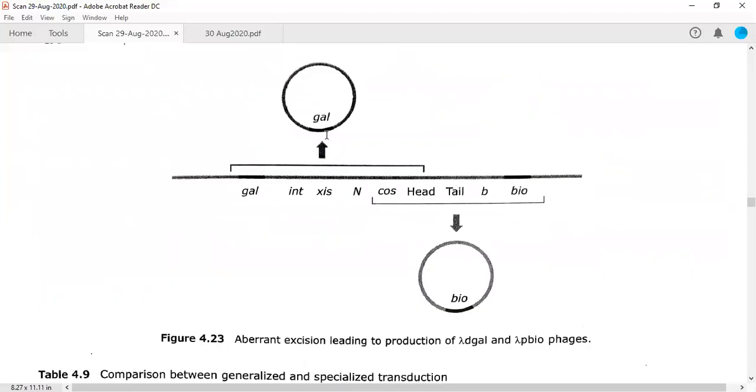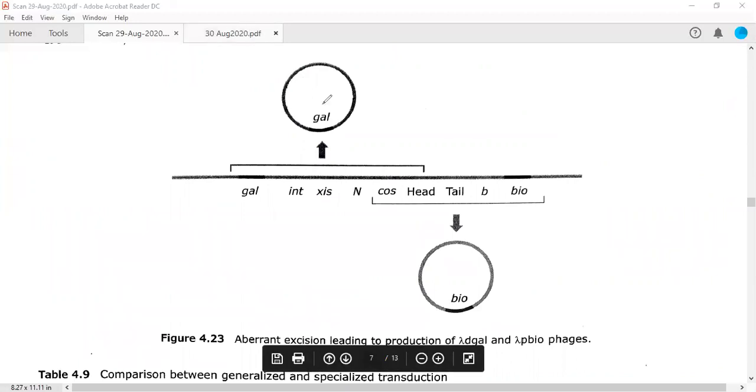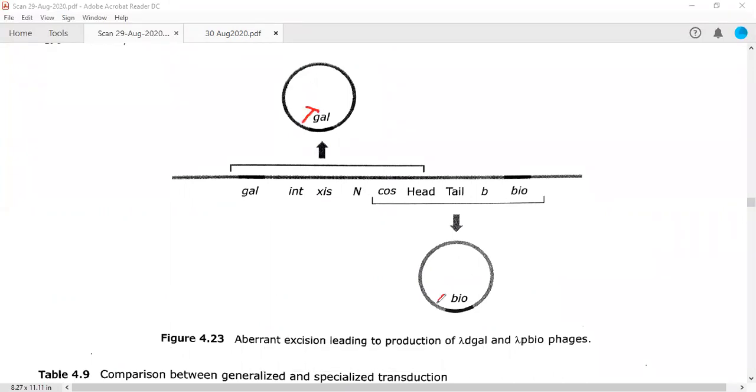So if it is making this gal or bio, because it is including both the lambda DNA and the DNA from the bacterial chromosome, this is either called lambda gal or lambda bio, because it is a combination of two different DNAs from two different organisms.